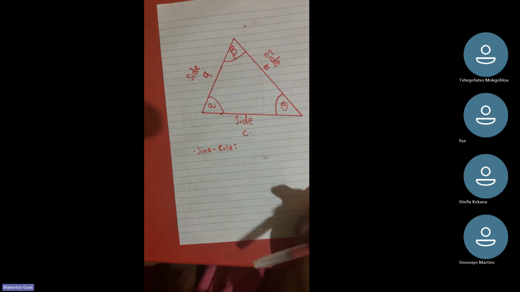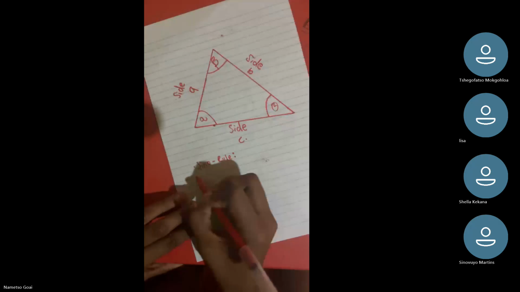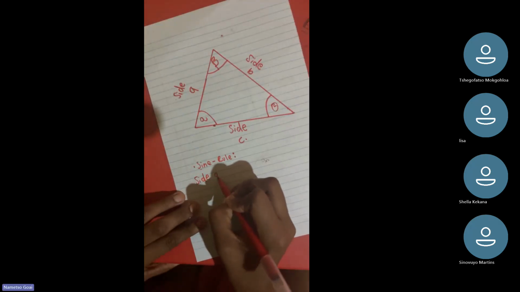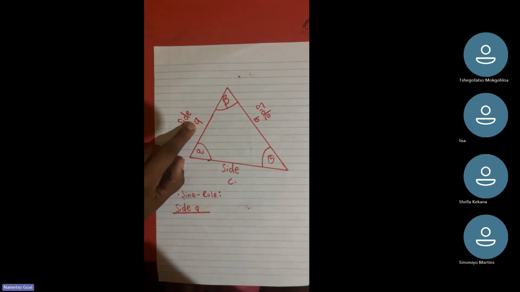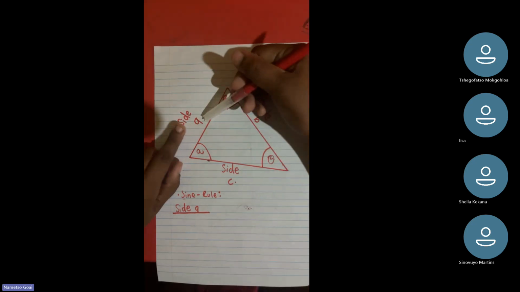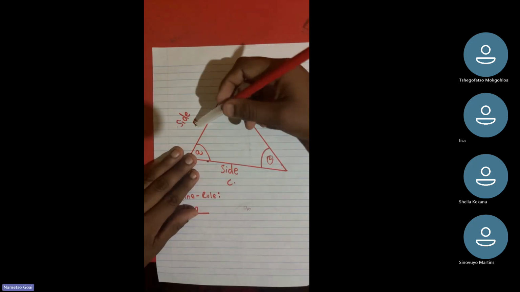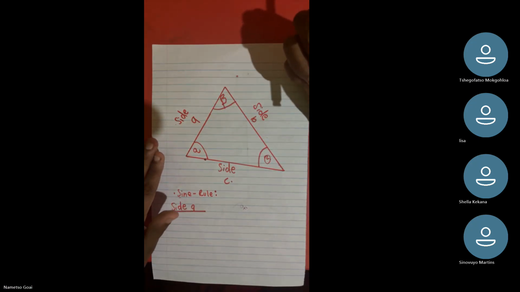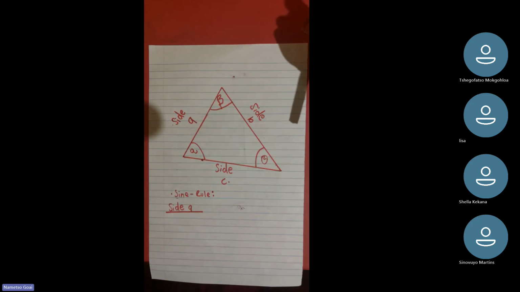What the sine rule tells us is that side A is divided by the sine of the opposite angle. This is the opposite angle of A. Do we all agree? This theta is opposite to side A, right? Like they're opposite, right, guys?